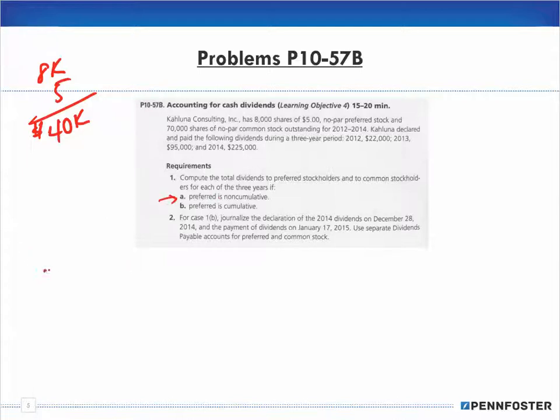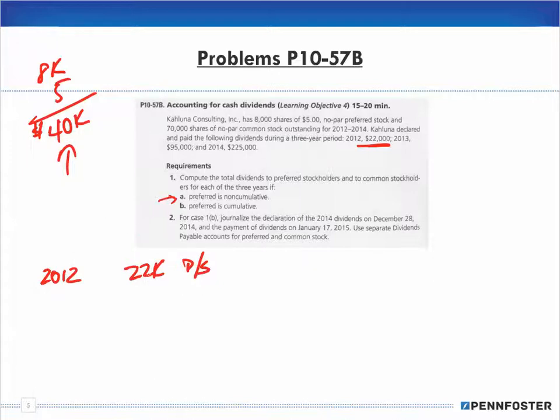So in 2012, it says here $22,000 is what was declared in dividends. In 2012, the full 22,000 would go to preferred stock, because they're owed 40,000 a year. Anything in excess over the 40,000 would then go to common.